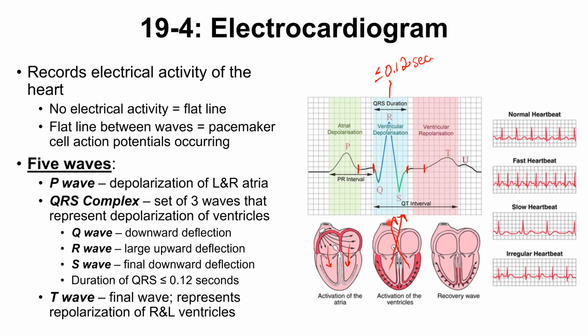Okay, so that is what this represents, this flat line. And now, after the ventricles have contracted and they are relaxing again, or they're repolarizing, we see this T wave. And so this is ventricular repolarization. So the final wave that represents, or the recovery wave, when the ventricles are now starting to relax again.